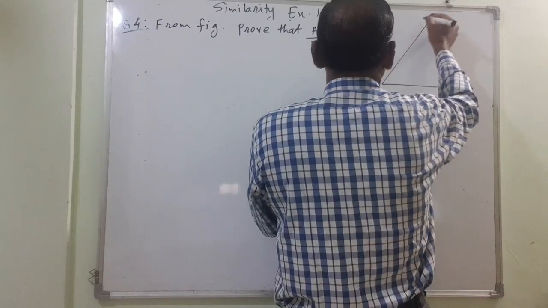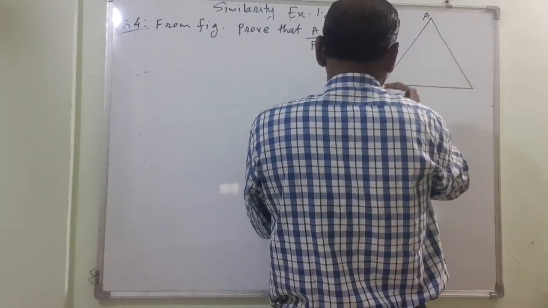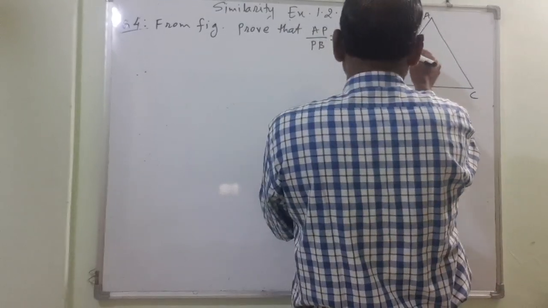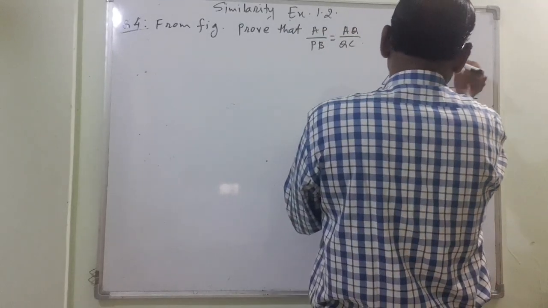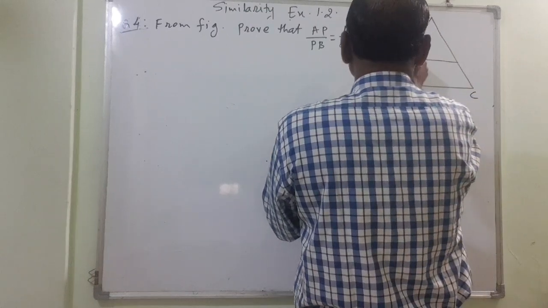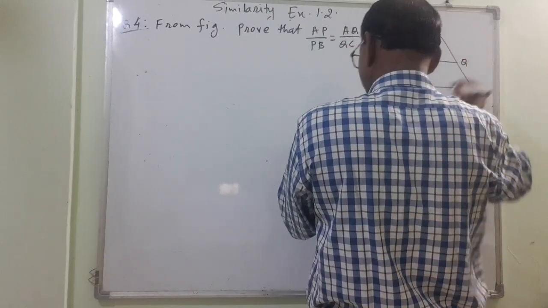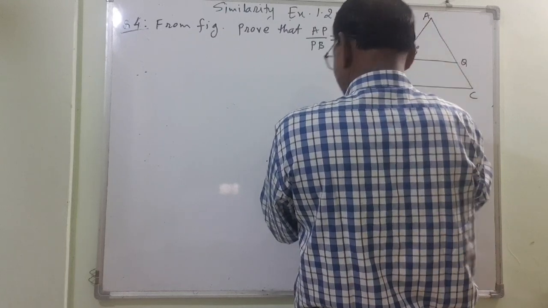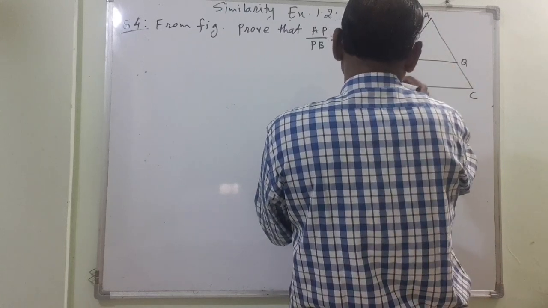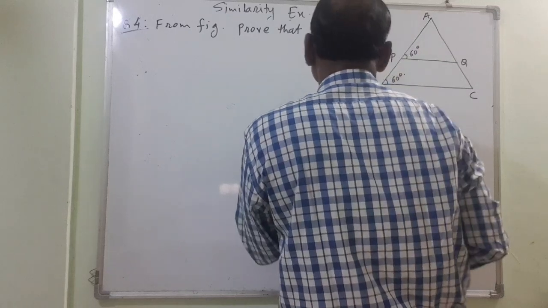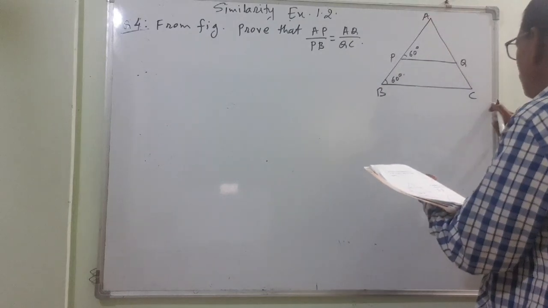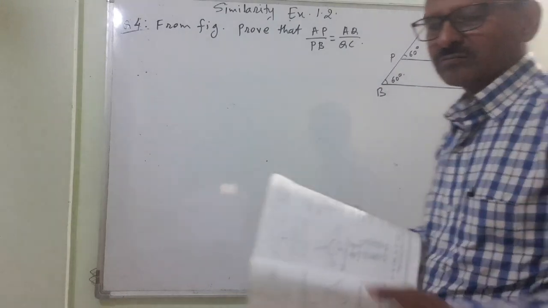The triangle is ABC. There is one line intersecting these two sides, and it is PQ. This angle is given to be 60 degrees, and this is also given to be 60 degrees. AP upon PB is equal to AQ upon QC, that I want to prove.